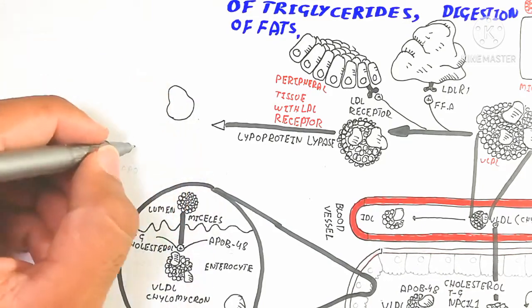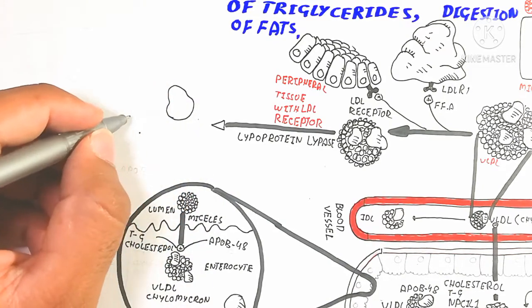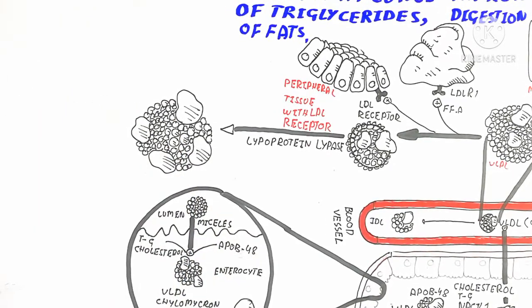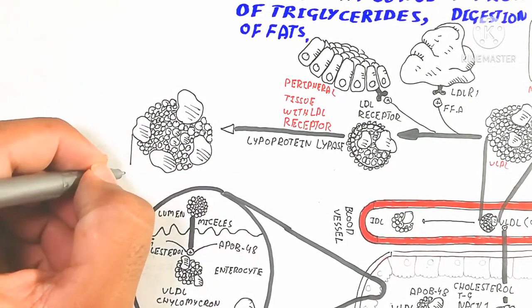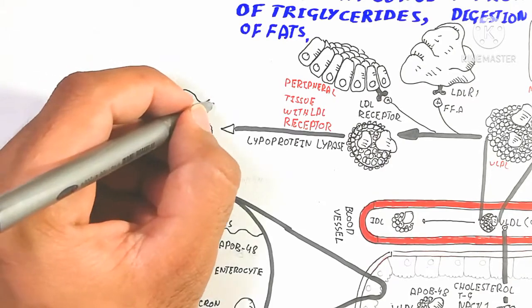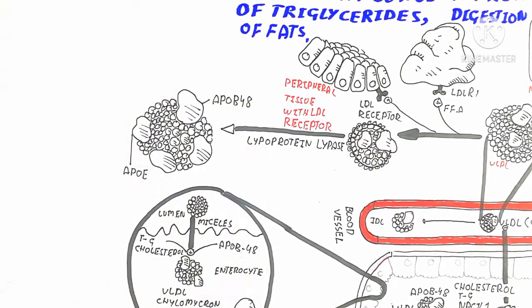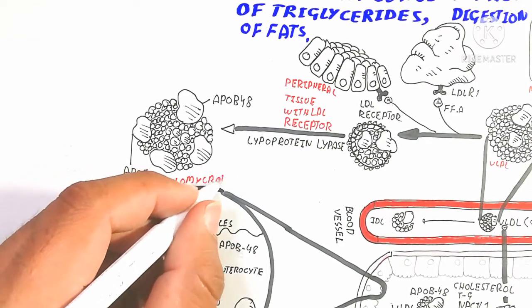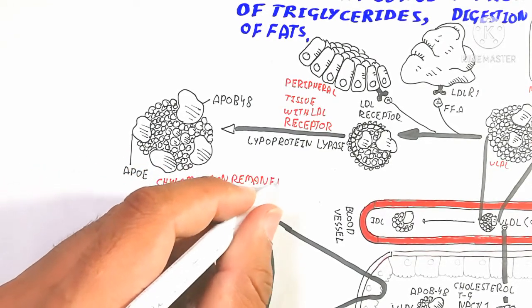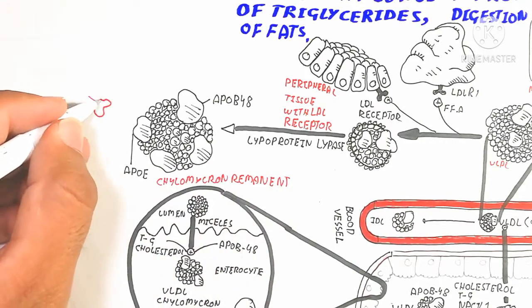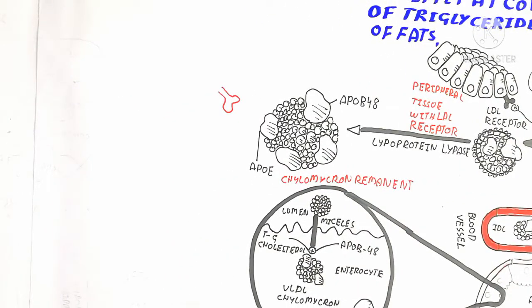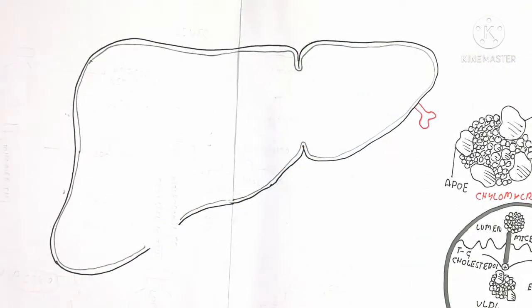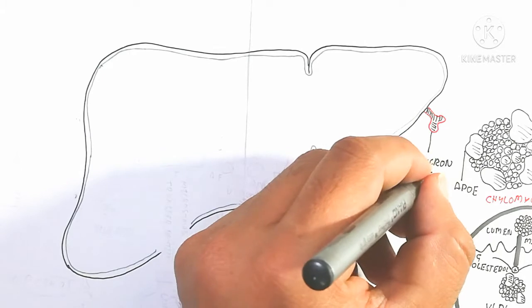This IDL is basically the remnant chylomicron, so we call it the chylomicron remnant, formed by the lipoprotein lipase enzyme. The remnant chylomicron receives protein from the endothelial cell of the blood vessel to get the ApoE site. So ApoE protein is also added to it.